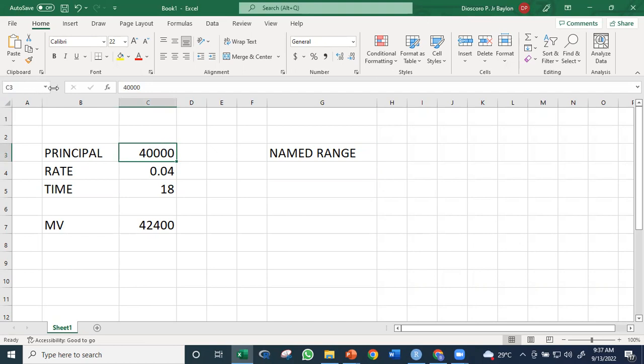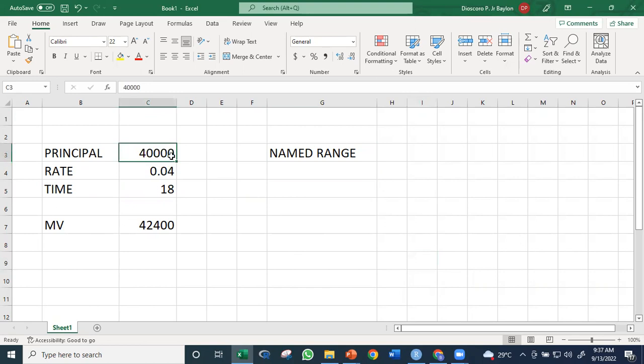This is the name box. It's C3, column C, row 3. This one is, of course, C4, and then this one is C5.